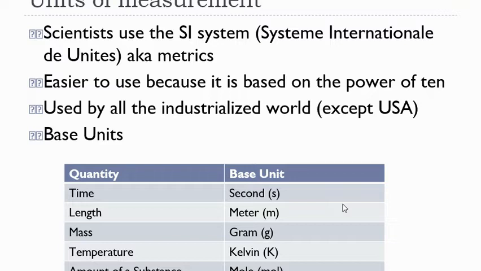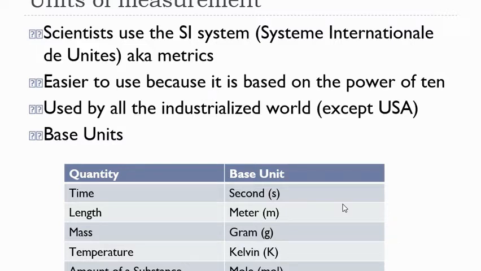You started getting nutritional labels listed as milligrams of sodium, or you need to take this many milliliters of this medication. So they started to try to force people over into it, but American society was very resistant and stubborn. And so about the only place that you see it used is in the scientific community.